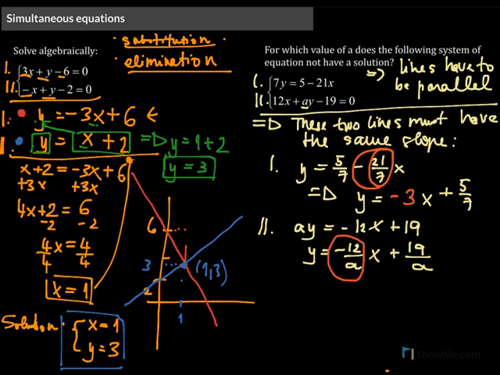And I want the slopes to be equal. I want to have the equation y is equal to negative 3x plus or minus something, if a would be negative. So what must a be?